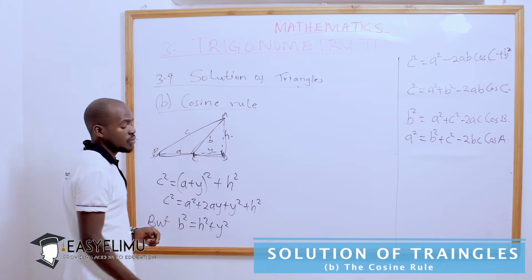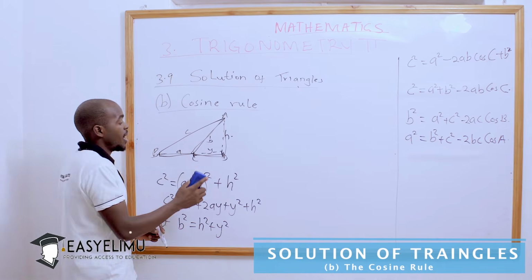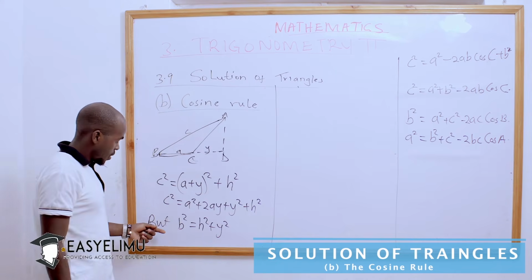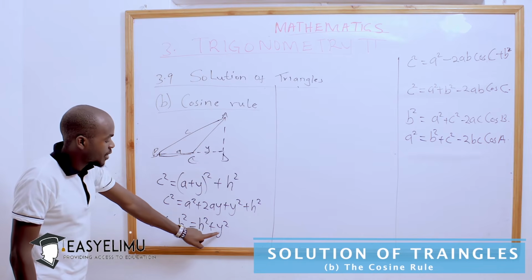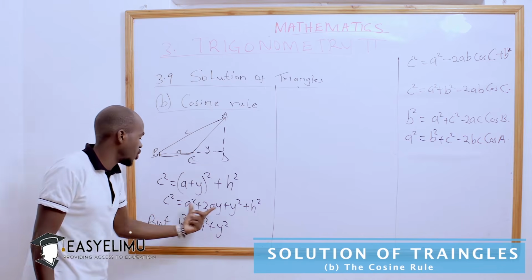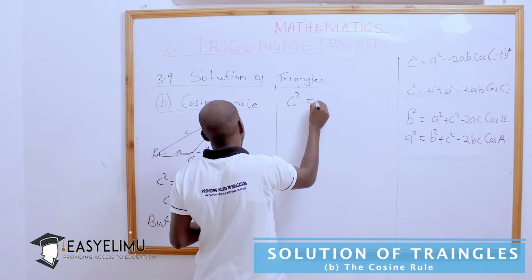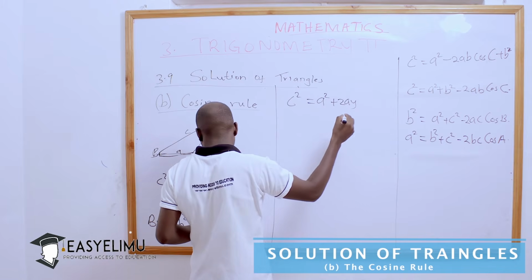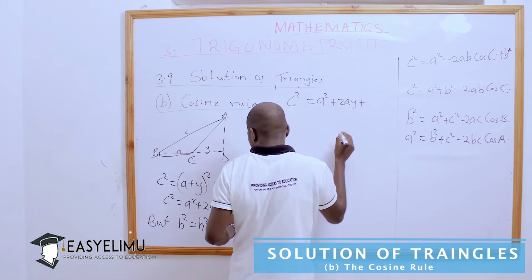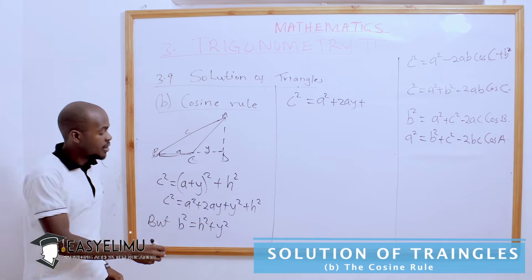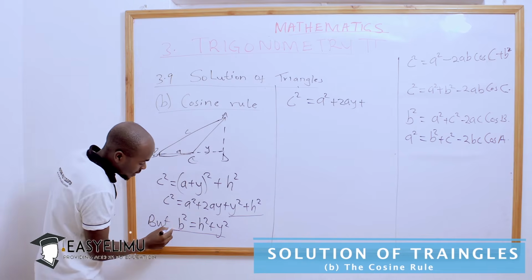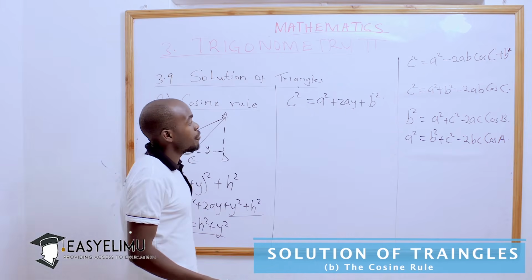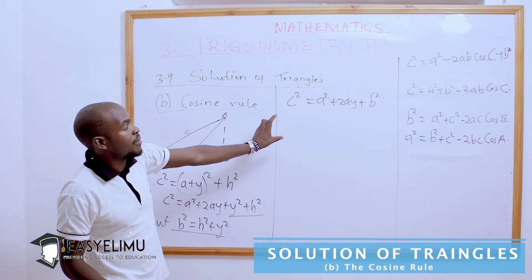Now I'm going to replace the value of H squared plus Y squared by B squared in this equation. So I shall write C squared is equal to A squared plus 2AY plus Y squared plus H squared. These two we have found are equivalent to B squared, so we shall replace them by B squared. And if we do that, we are going to have whatever we found there.